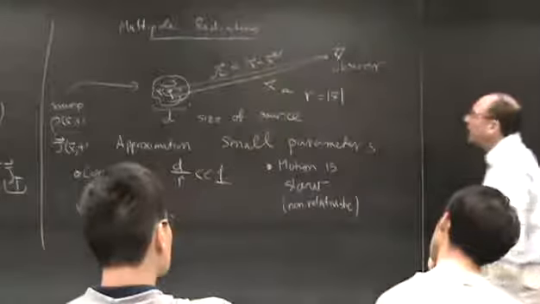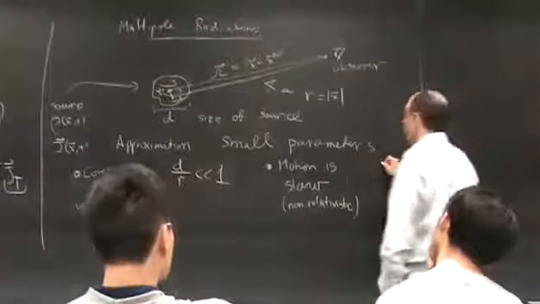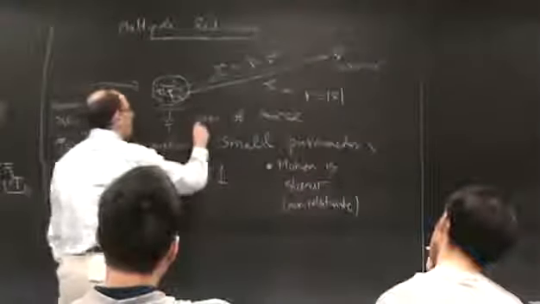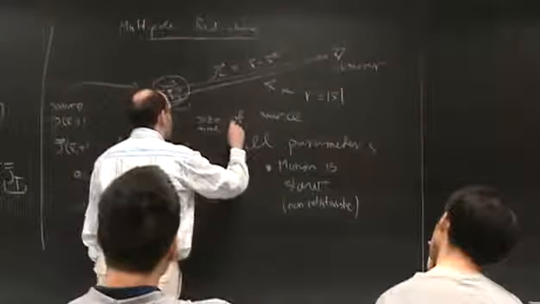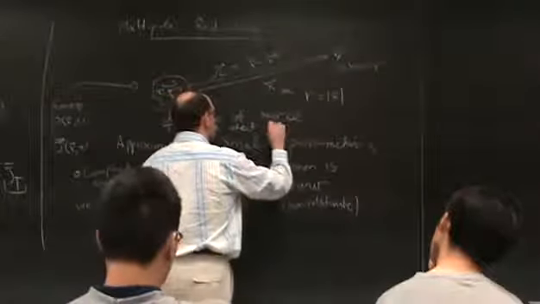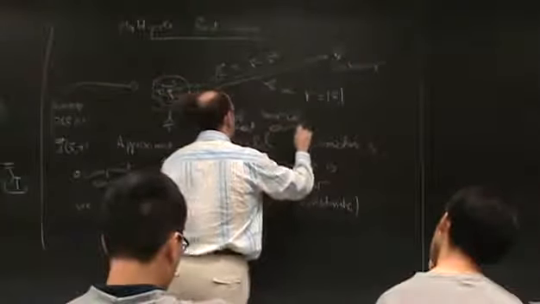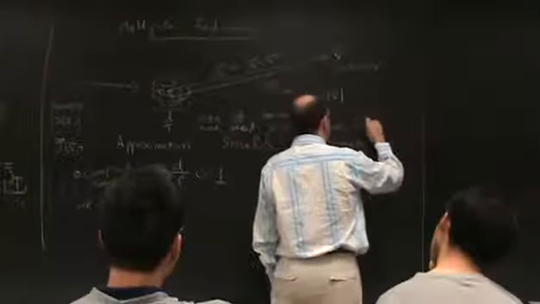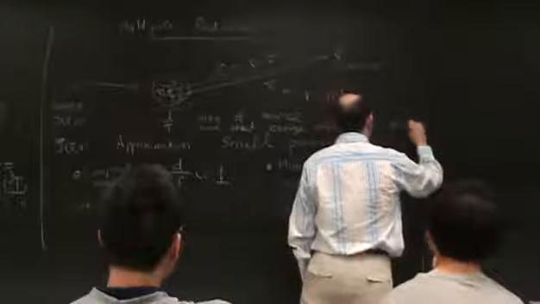So, what does that mean? That's saying there's some characteristic, not only size of the source, but let's say there's a characteristic time t that charges move over distance d.